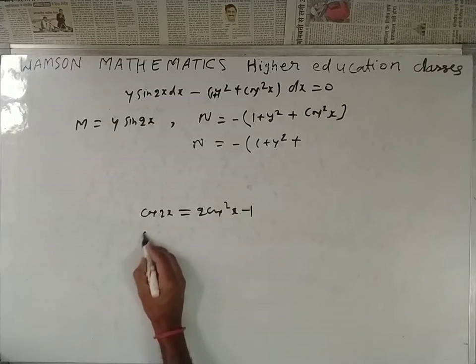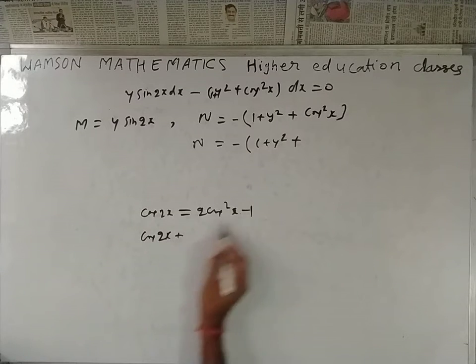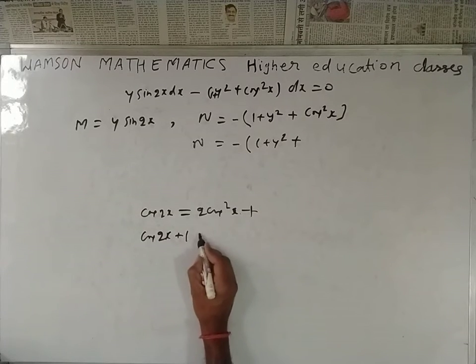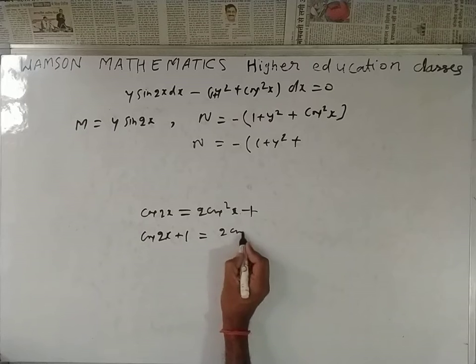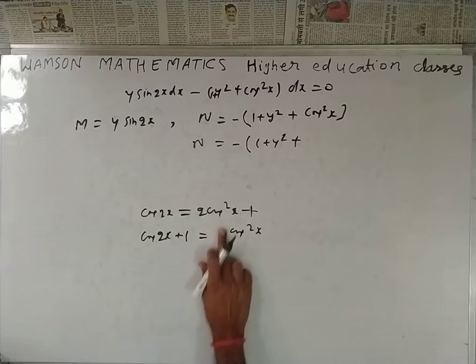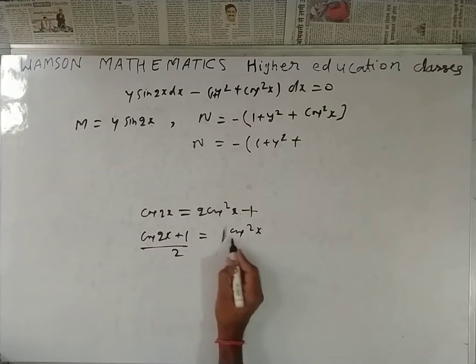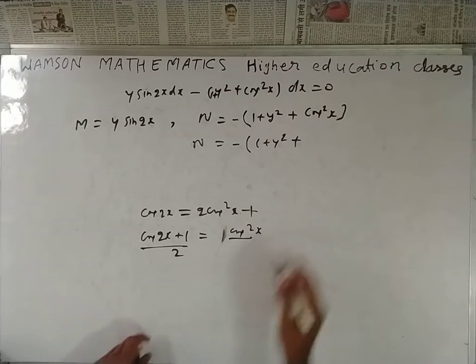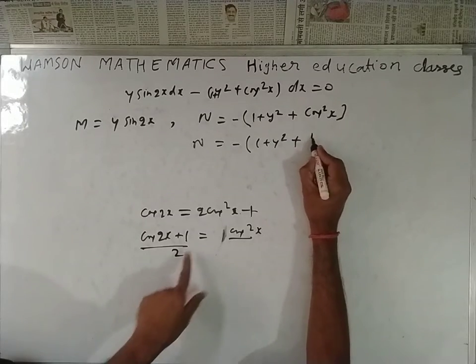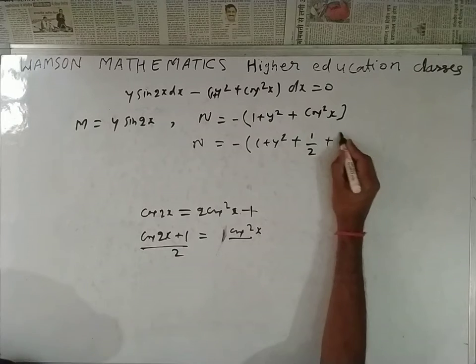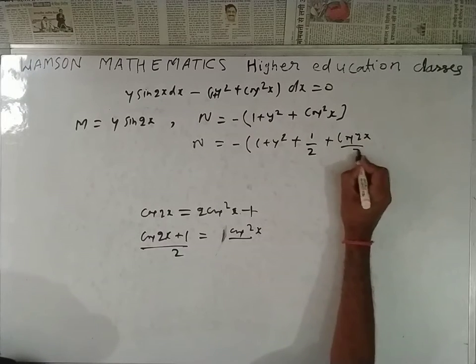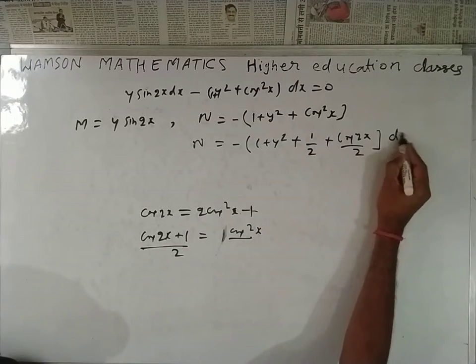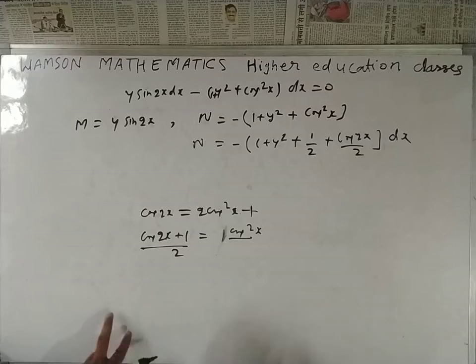Now transfer this minus 1, so it becomes positive. So 2 cos squared x, now divided by 2. So the value of cos squared x is cos 2x plus 1 upon 2. So here 1 upon 2 plus cos 2x divided by 2, dx. This is our M.